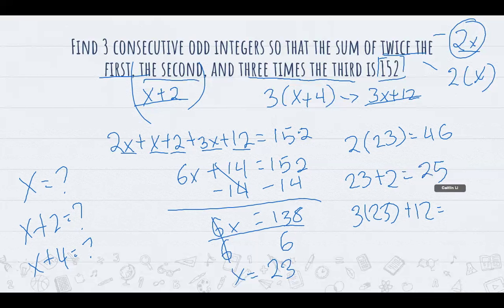And 3 times 23 gives us 69, but add 12 will give us 81. And then all of these three numbers combined should give us 152. Because 81 plus 25 gives us 106, plus 46, which will give us 152.